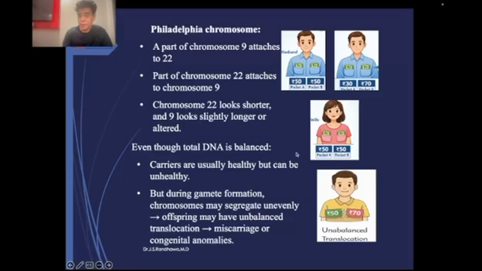Let us see this case. Here you can make out this person with 100 rupees has 50 in each pocket and does not have any translocation. This one has 30 in one and 70 in the other pocket.